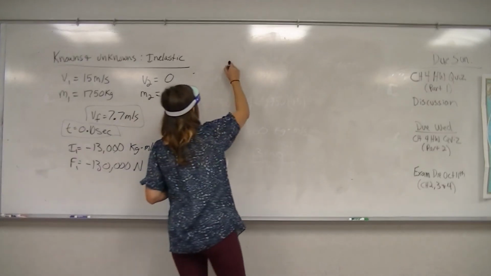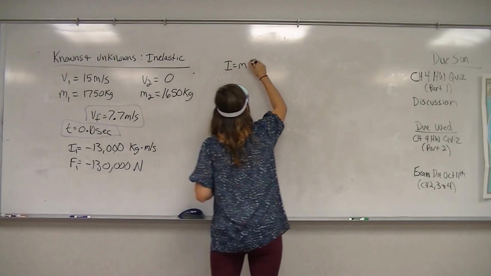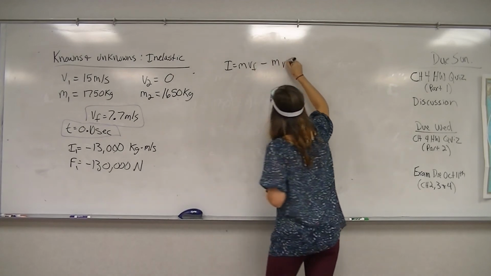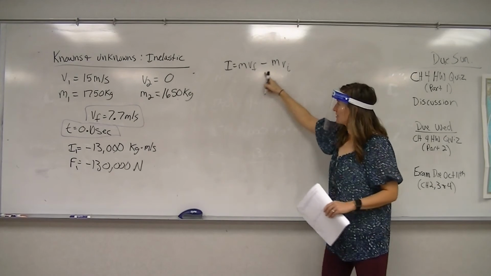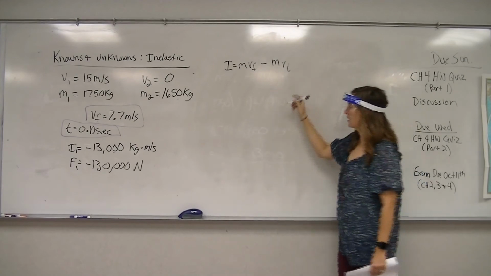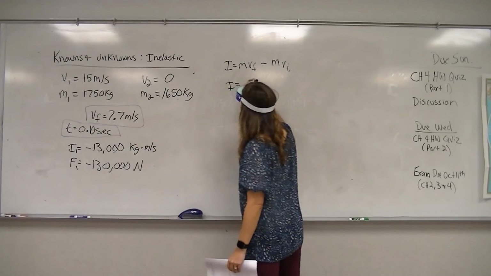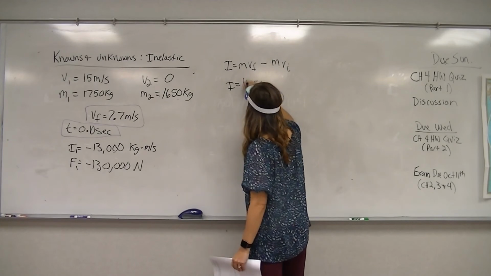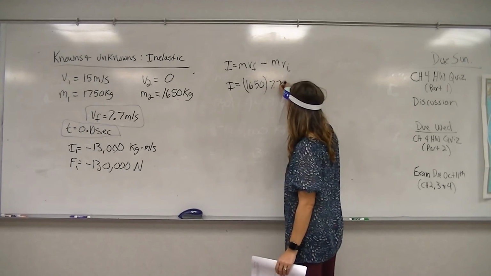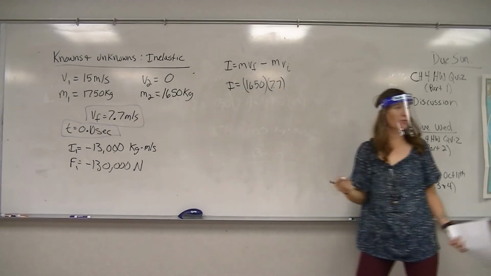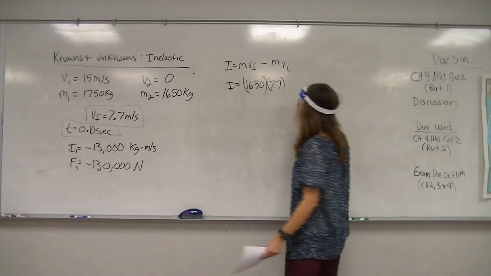So impulse. Change in momentum, right? Different mass and different initial velocity. So we have 1650 for the mass of car 2. The final velocity is the same because remember it was an inelastic collision. They were both going the same velocity at the end.